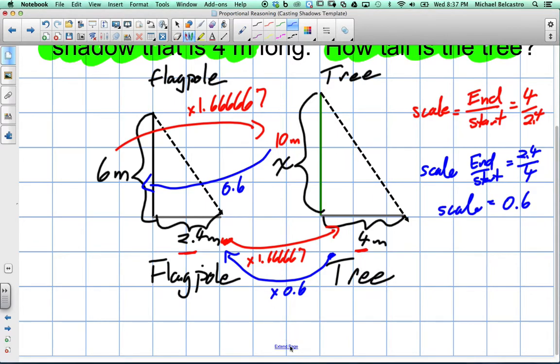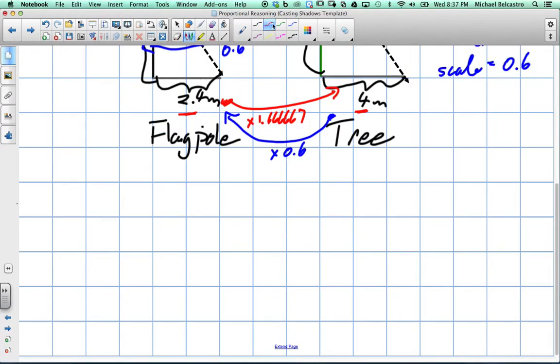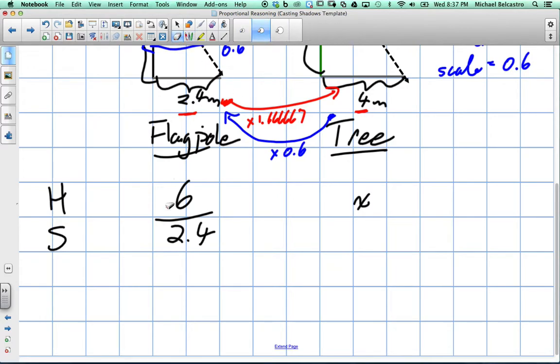If you found it hard to visualize, another quick way you could have set this up: we had our flagpole category and our tree, and maybe we put our height and our shadow. The height of the flagpole was 6 and the shadow was 2.4. And the tree height was unknown, and the shadow of the tree was a value of 4.